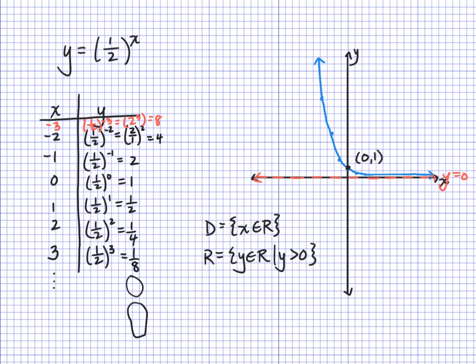The reason why we're looking at both growth and decay is because there are so many different applications in the world that use these different types of functions. For exponential growth, we could look at interest growing, we could look at population dynamics and population growth.